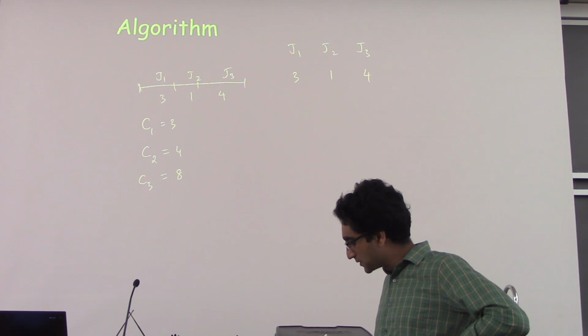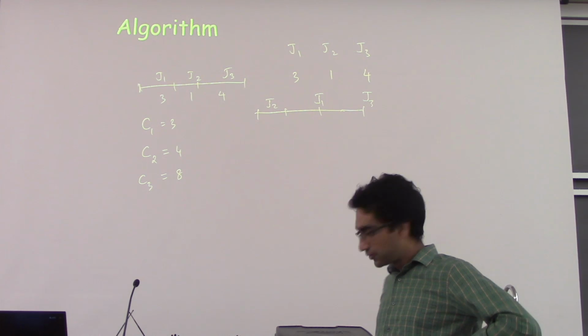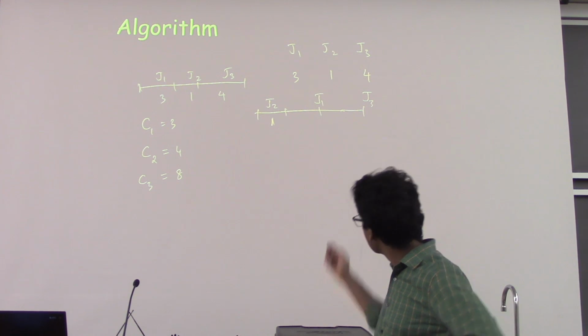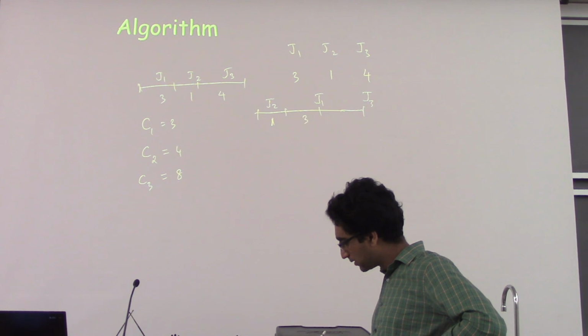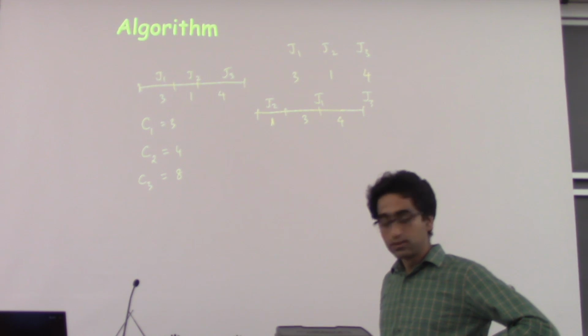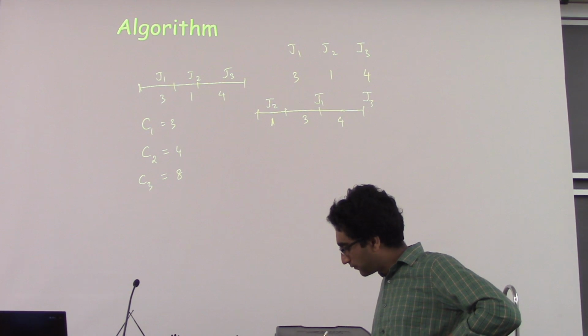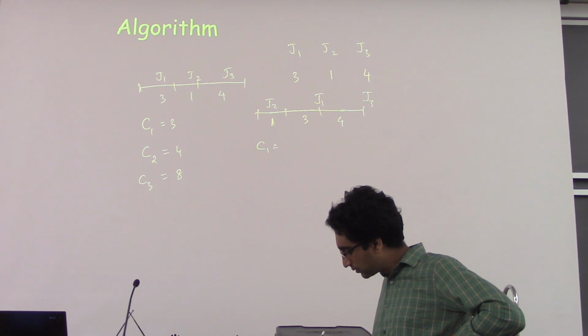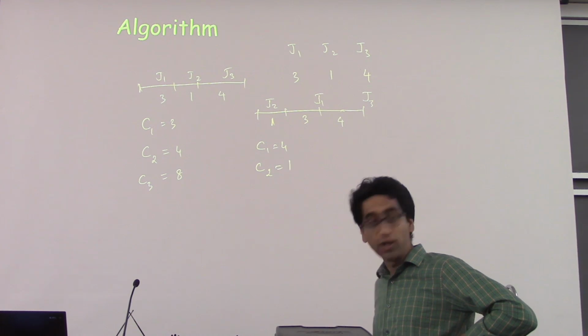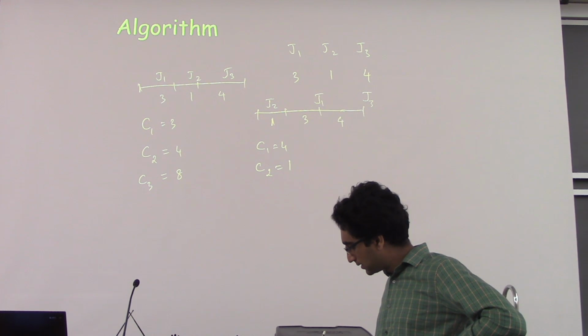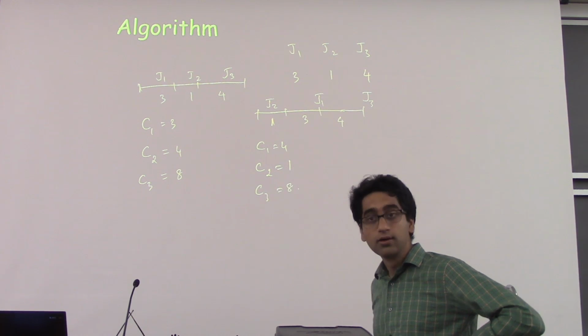Now what happens if you schedule J2 first, then J1, then J3? Note that the completion time C1 is 4, C2 is pretty small, just 1, and C3 is still the same.